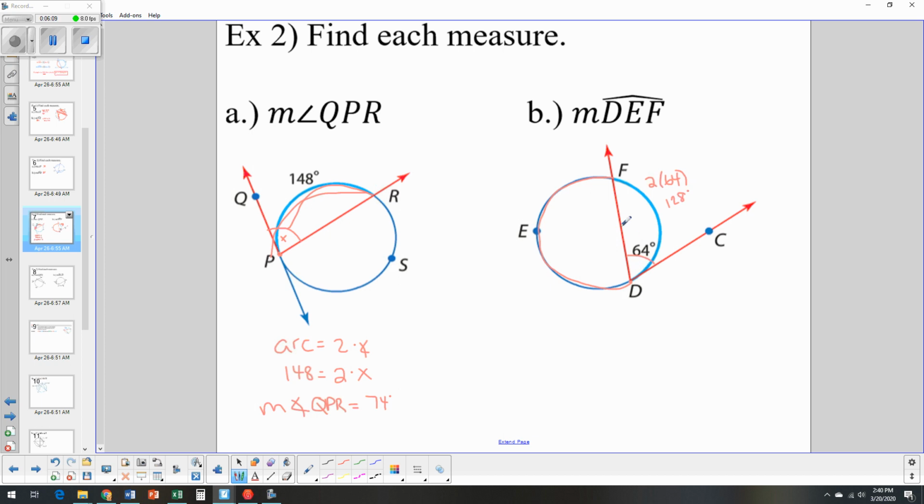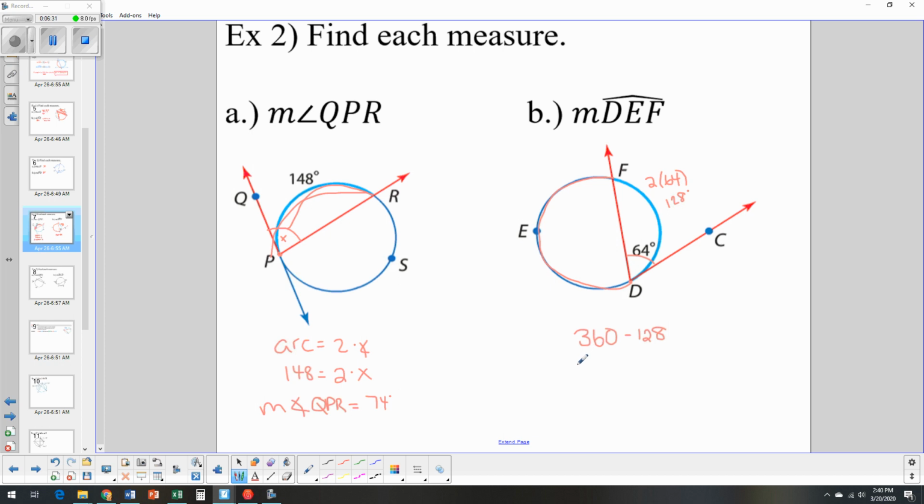This circle is only made up of these 2 arcs, which means together they have to equal 360. So I'm going to do 360 minus the 128, because I want this part. We already know this part's 128.